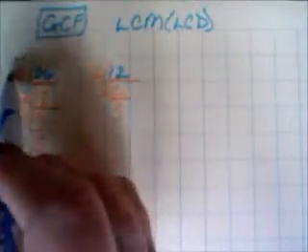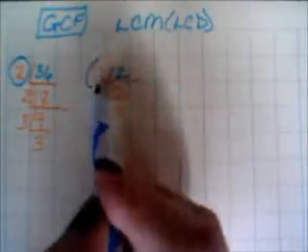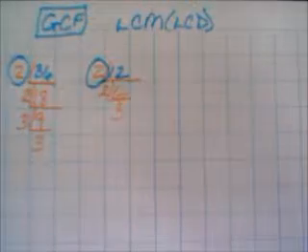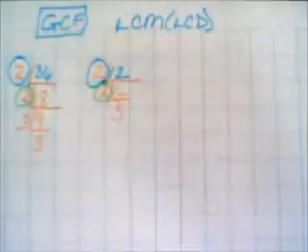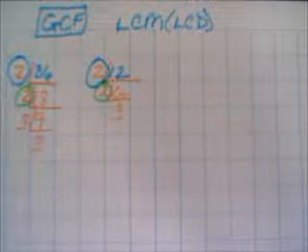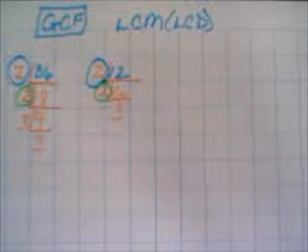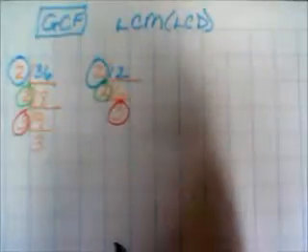So there's a 2 here, and there's a 2 here. There is a 2 here and a 2 here. Then I have a 3 here and a 3 here.